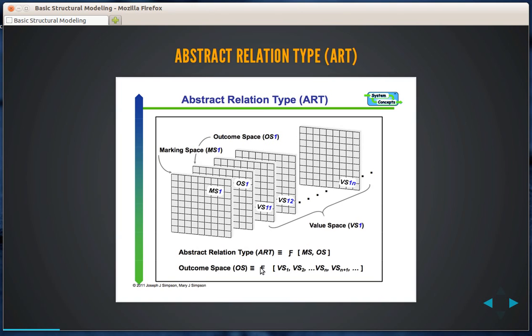This is a very high-level, conceptual, notional idea of how an abstract relation type works. On the mathematical side, one view you might be able to think about it as, it has a marking space, an outcome space, and one or more value spaces. And you can really have one or more marking spaces and one or more outcome spaces if that fits your problem.